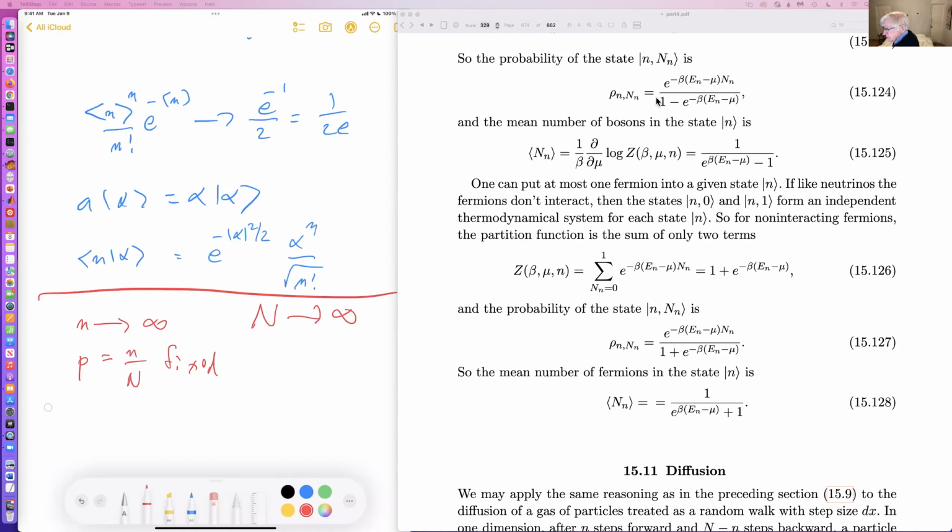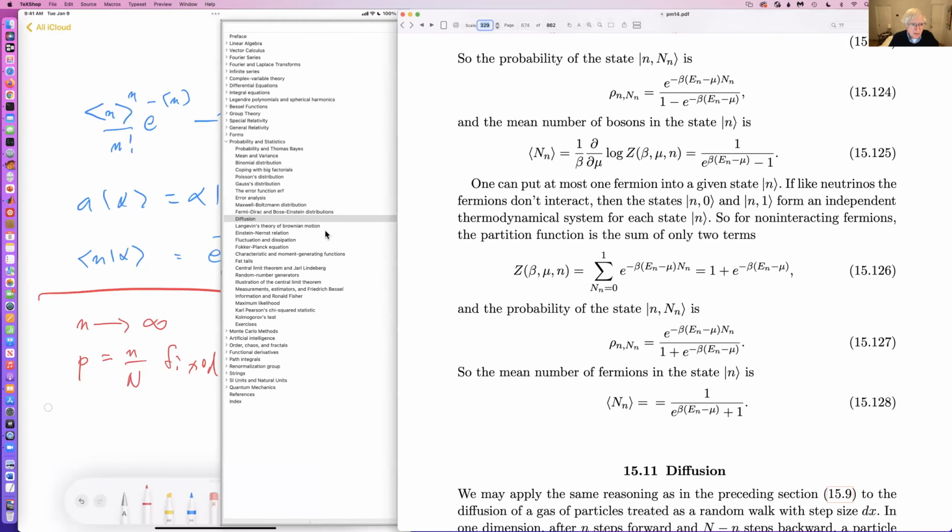If you want me instead to cover different material, such as, for example, I could jump to a later section in this chapter, or I could jump to Monte Carlo methods, artificial intelligence, order chaos fractals, and so forth. I could jump to some of these things instead.